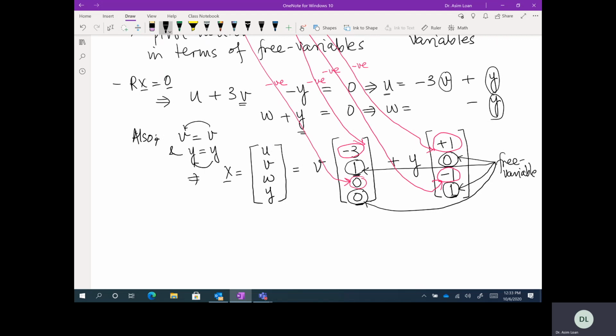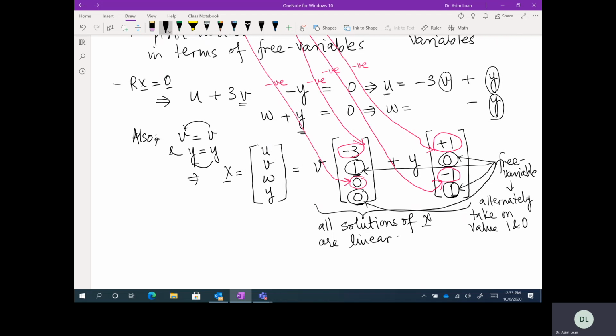So let me write: free variables alternately take on value 1 and 0, and all solutions of x are linear multiples of these two vectors.